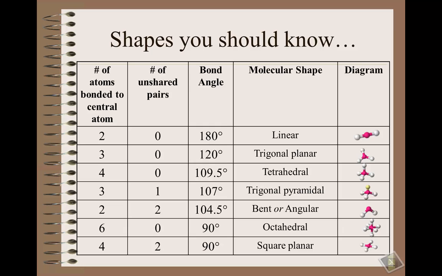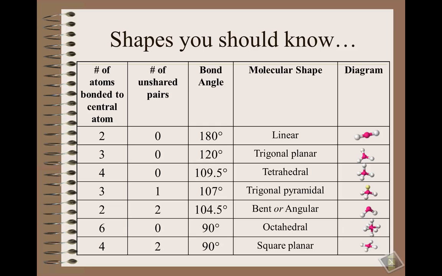So again, to summarize, to determine the molecular shape, the first step is to draw the Lewis dot diagram, and then you assess the central atom and determine how many electron groups it has around it, how many atoms are bonded to the central atom, and how many unshared pairs. That ratio will tell you the molecular shape, and then once you know the molecular shape, you should be able to associate the bond angle with that molecular shape.